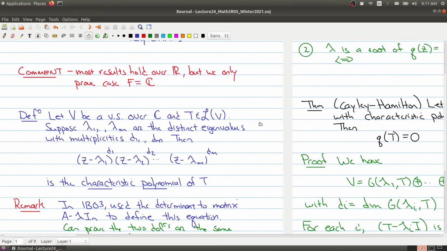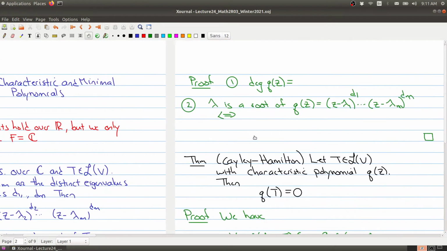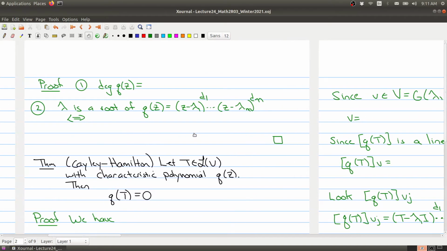The degree of this polynomial is the sum of the multiplicities, and the sum of the multiplicities of the eigenvalues, we know from earlier in this chapter, is simply equal to the dimension of the vector space.